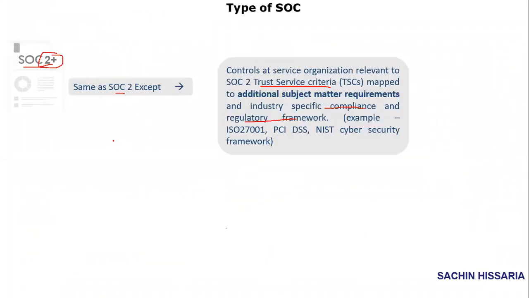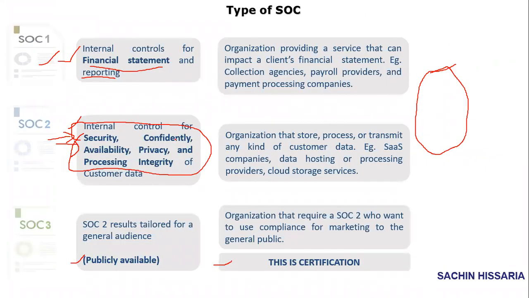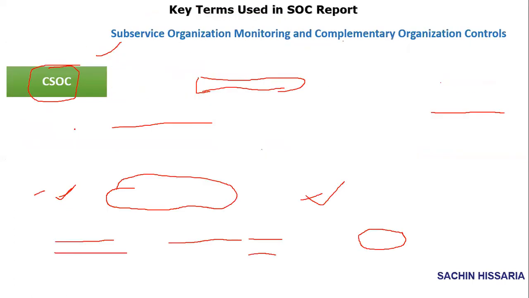Here you have seen some trust service criteria. There are 5 trust service criteria: security, confidentiality, availability, privacy, and processing integrity. This is very important in SOC. So we will discuss how these trust service criteria are verified in the SOC report. All these things we will discuss in our upcoming video.